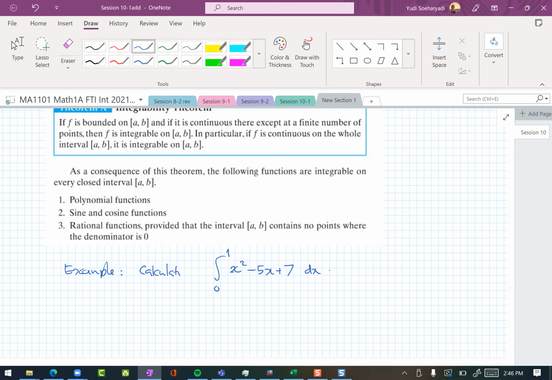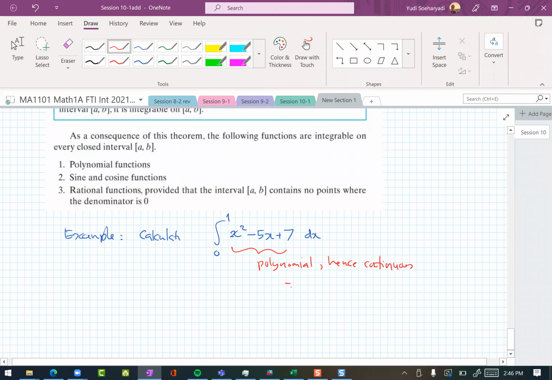Okay, so this is a polynomial. Polynomial is continuous. Okay, polynomial, quadratic, hence continuous, and it is integrable.